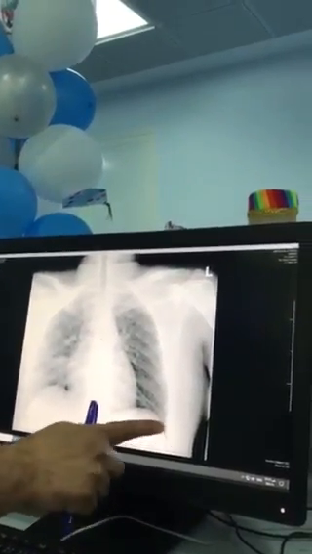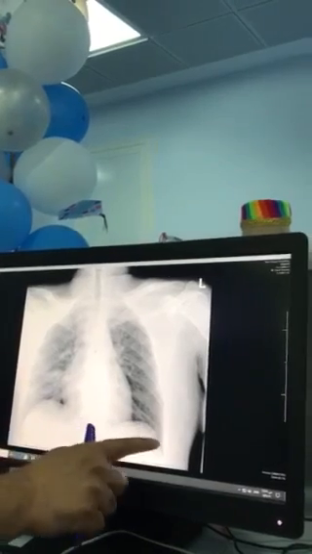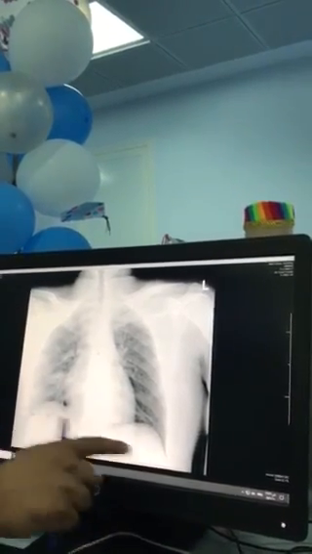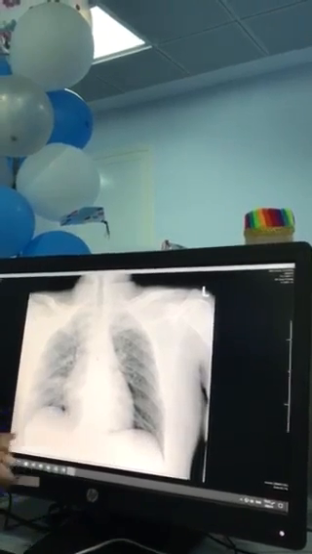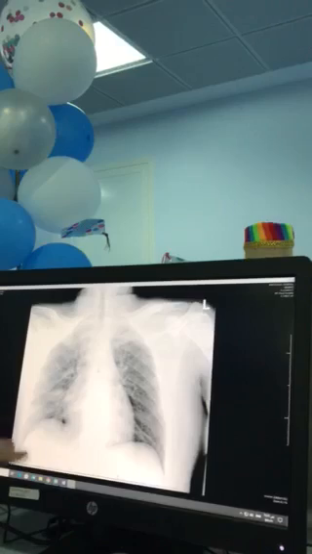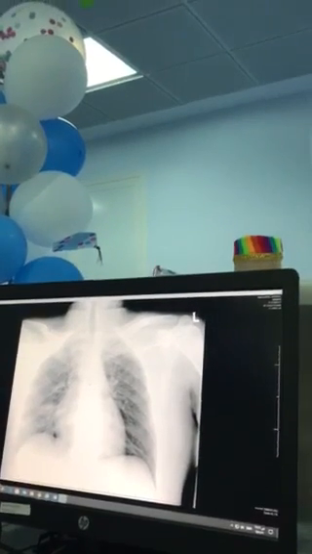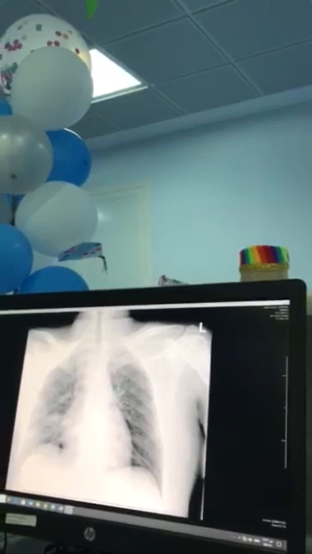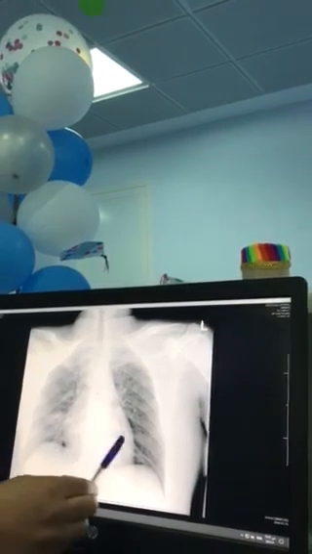Even over here, if you see a continuous line, you can see the dome. You can see, is it flat, is it rounded? Okay, you can see the whole area here. That means there's no pneumonia, so it's good from the basement of the lungs.